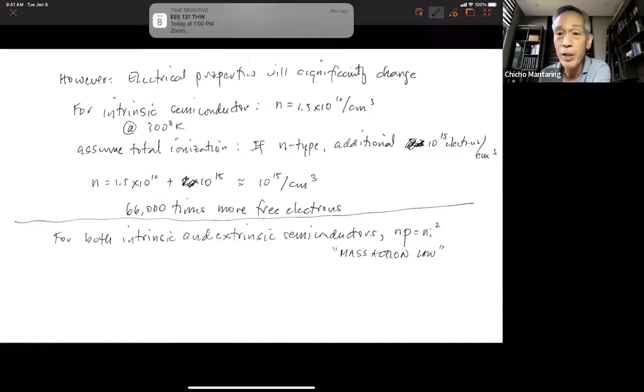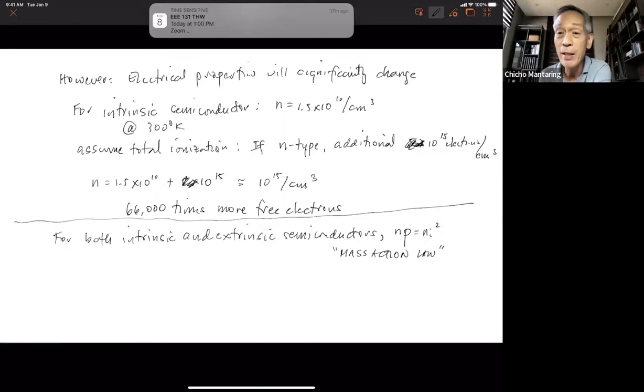This is a process which we call recombination. Later on, in the notes, it talks about recombination. But recombination is when an electron loses energy and goes back to an empty energy state in the valence band. So when the number of electrons increases, the number of electrons that recombine with holes will increase, and therefore the number of holes will decrease.